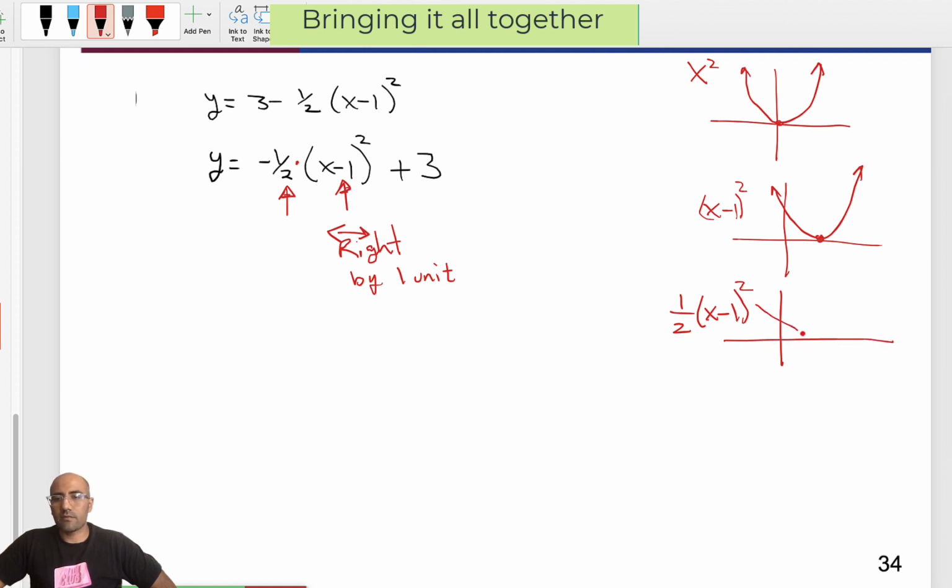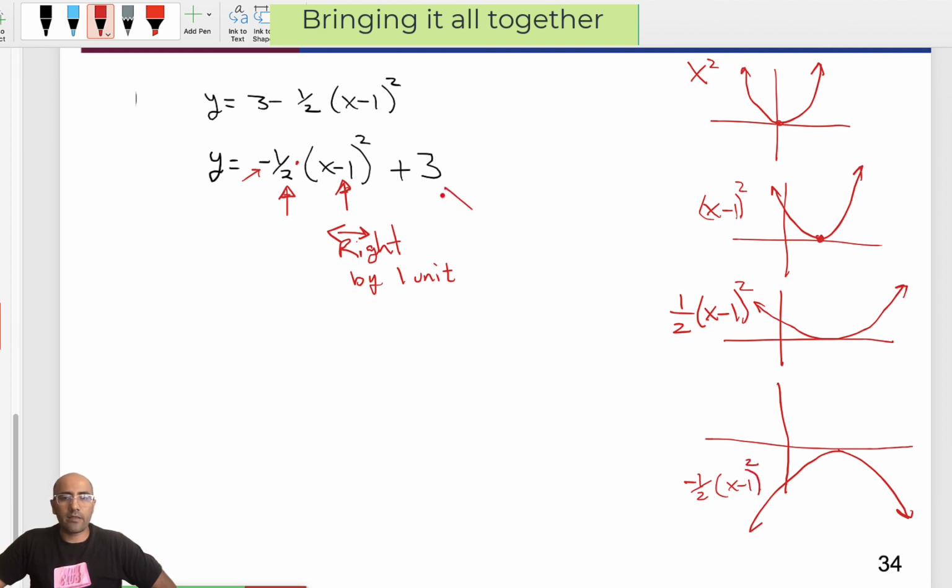So maybe just to exaggerate a little, it's going to be more like that. And the fact that we're going to multiply by a negative means it gets flipped upside down. It's a reflection about the x-axis. So we're kind of slowly putting together what this thing is going to look like.